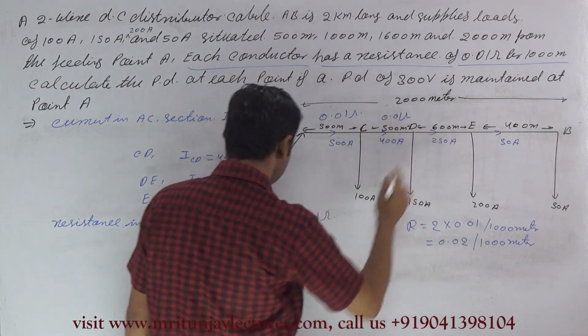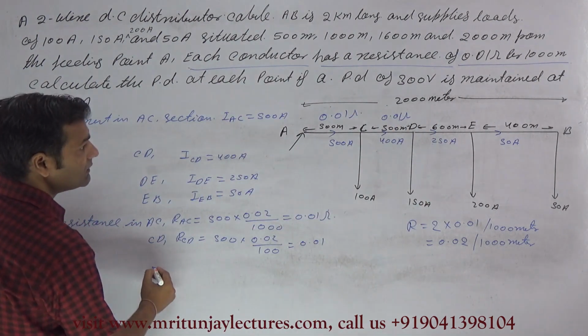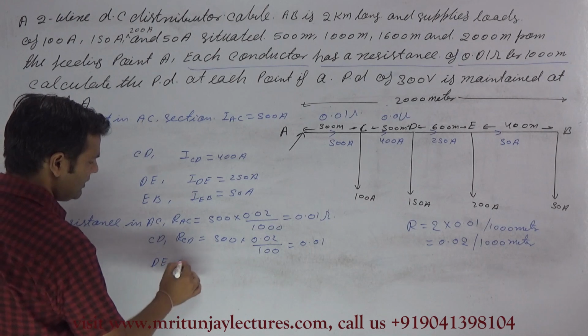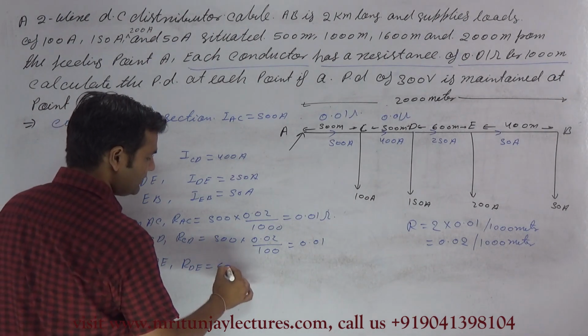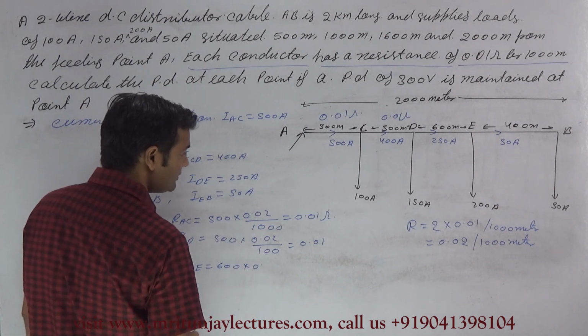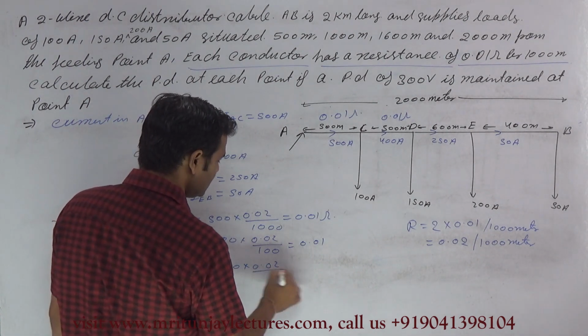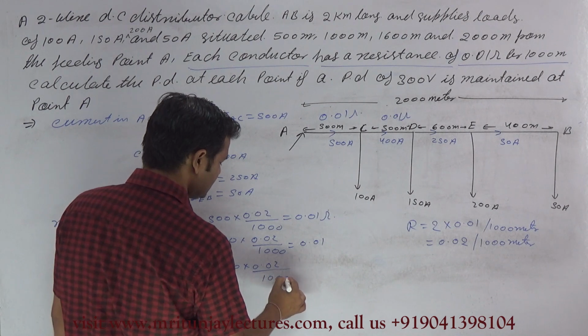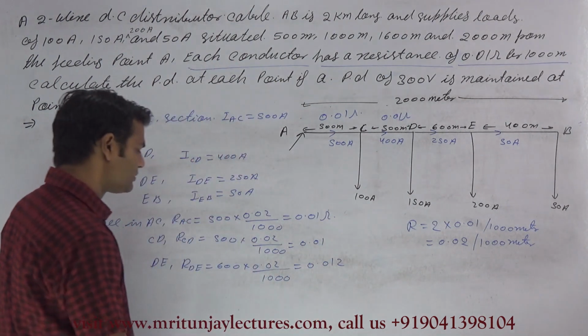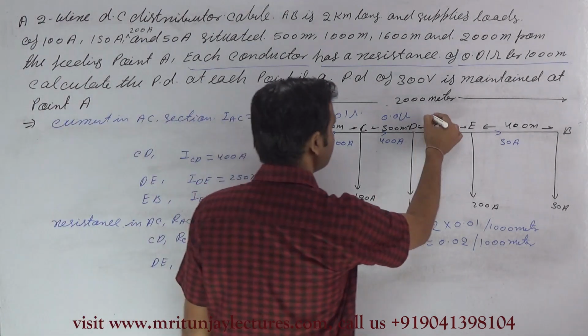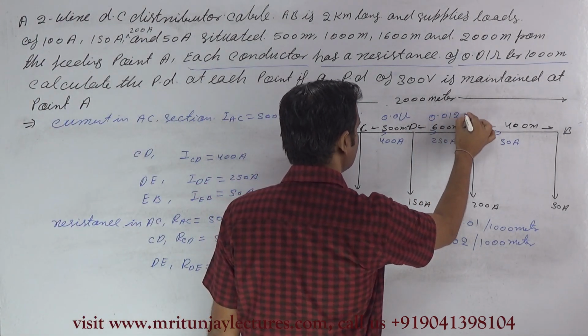Clear? Now next one, DE. R of DE is 600 into 0.02 divided by 1000, we got 0.012 ohm.